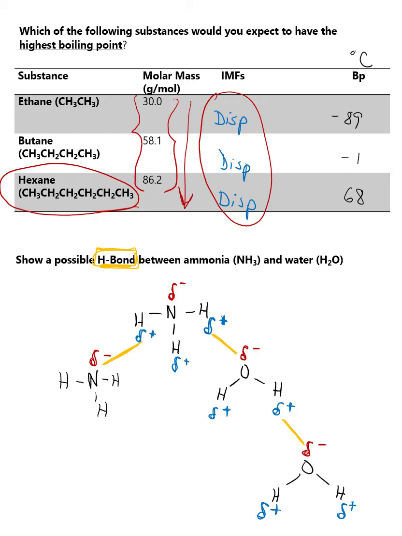The problem is asking you for the one between NH3 and water, so that one will be something like that one right there. The other one is just showing you that it's not just possible between two different compounds, but it's also possible between the same type of molecule. You had in your tables methanol, and you listed dispersion, dipole-dipole, hydrogen bonds for methanol.